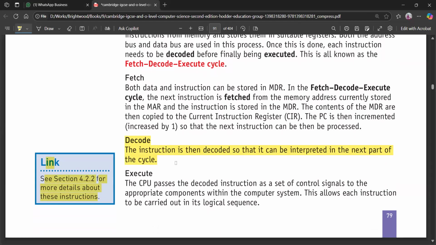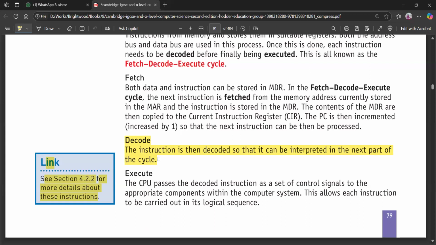In the decode part, the instruction is decoded so that it can be interpreted in the next part of the cycle. The instruction is decoded so that it can be interpreted for the next part.